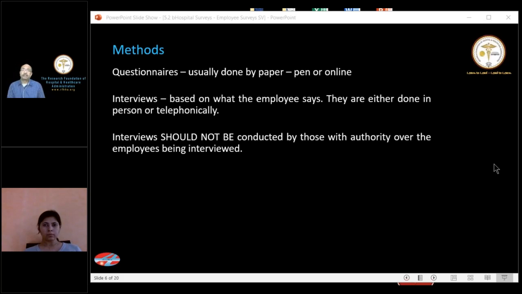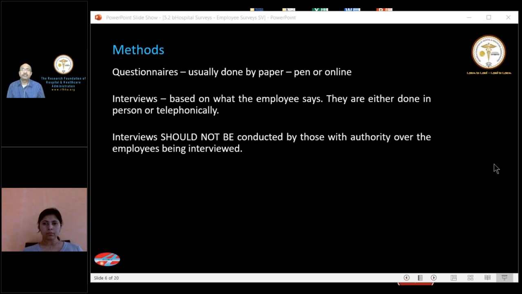Now, typically an exit interview should happen after the employee's dues have been cleared by the hospital. If the hospital is holding on to something that the employee will need, and you conduct an exit interview or an exit survey, you are not likely to get an honest and unbiased opinion.